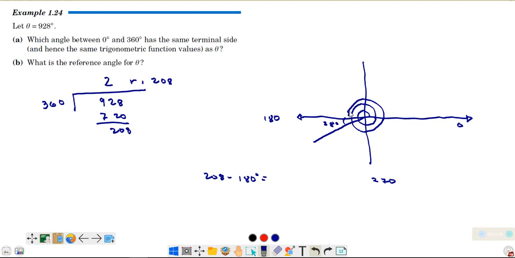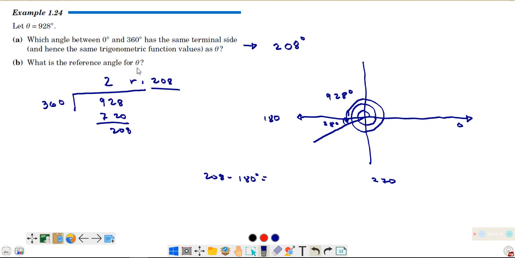This is now your 928 degree angle. Which angle between 0 and 360 has the same terminal side with 928? So, sagutan natin to. Between 0 to 360, meron tayong 180 degrees plus 28. So, meron tayong 208 degrees. Yung remainder natin dito.